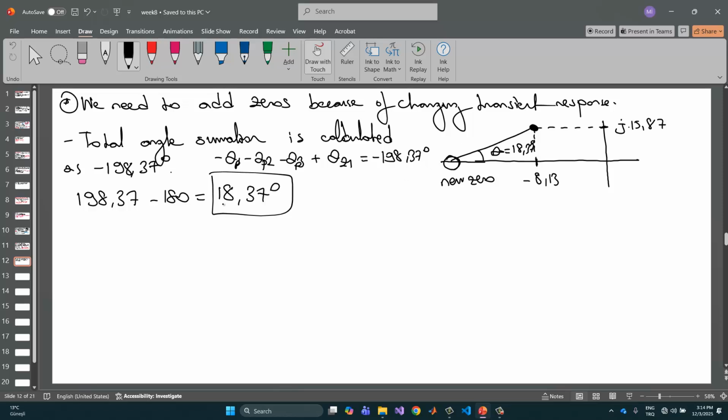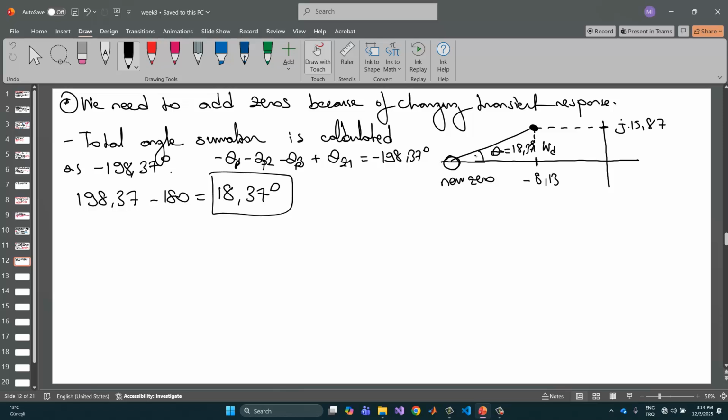If we add 18 degrees in here, it is equal to 180 degrees, which means that we need to add the zeros with the degree value of 18. Right? And so, if we have this degree, and also we have this WD in here, we can calculate this one.